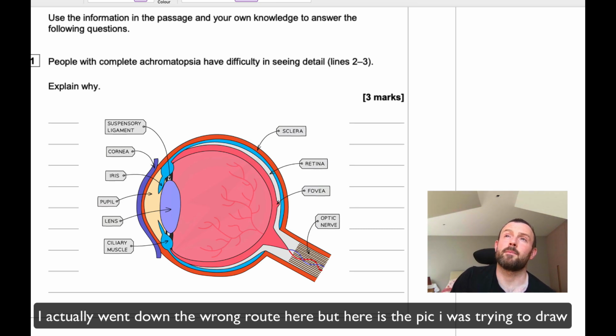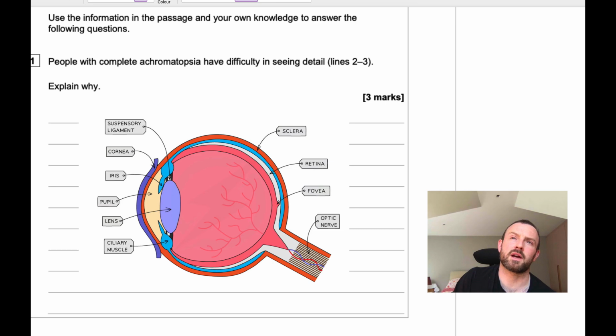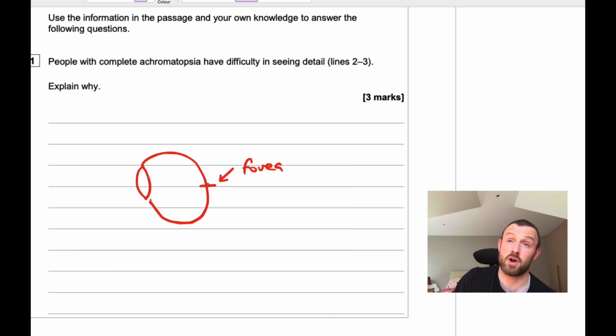So this is where we see detail. Generally we have more rods in the peripheral vision and more cones near the fovea, which is a point at which we focus light. So if the cones aren't working, if there are no cones at all, then we're going to have less resolution and we're going to see less detail.